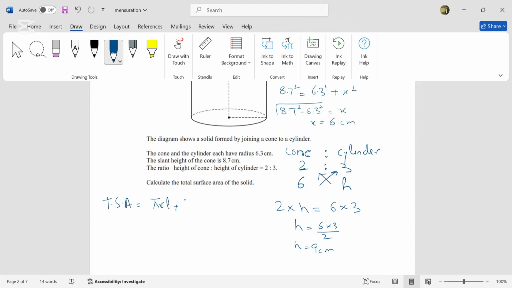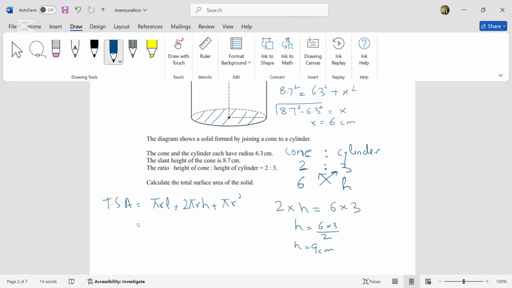Its formula is not given to us. It is 2 pi r h. Then we have this bottom circle also. So area of circle is pi r square. One common mistake which students make whenever they are asked to get the total surface area of any solid is that they take care of the curved surfaces, but generally forget the bottom circle. So keep this in your mind.